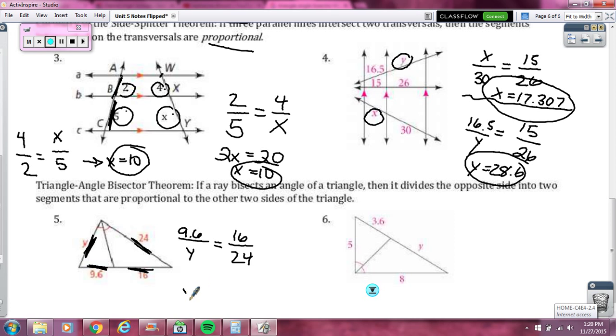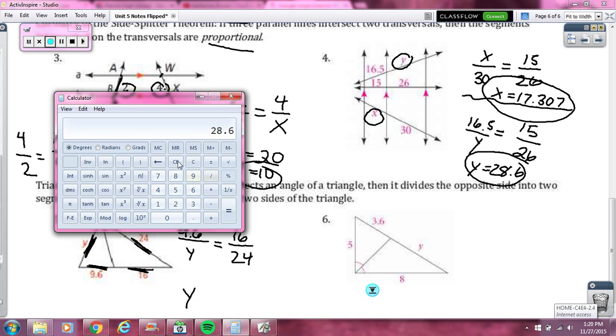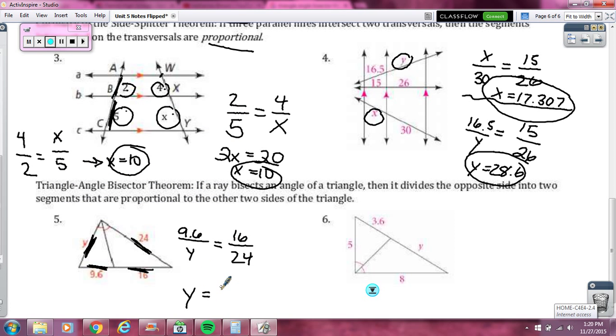Once you set that up, it's proportions again. So 9.6 times 24 divided by 16, 14.4.